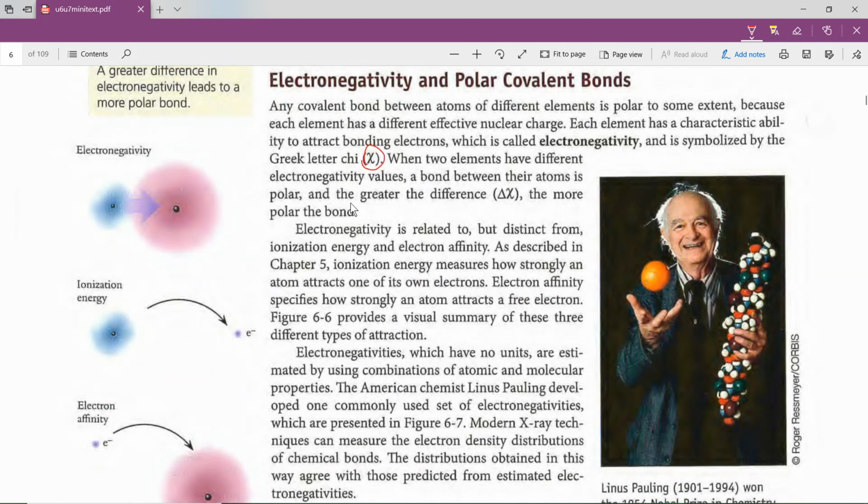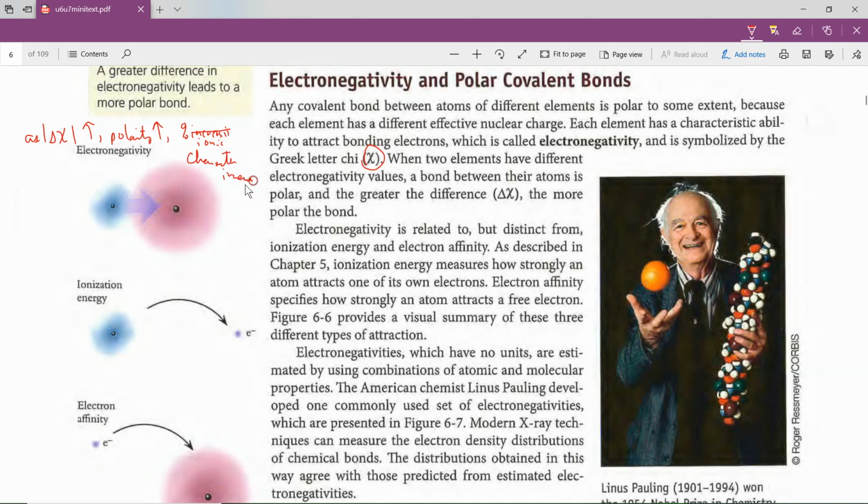So when two elements have different electronegativity values, a bond between their atoms is polar, and the greater the difference, the more polar the bond. So as the absolute value of the electronegativity difference increases, polarity increases, and sometimes this is called percent ionic character, it increases.